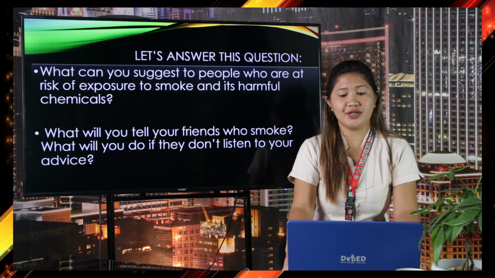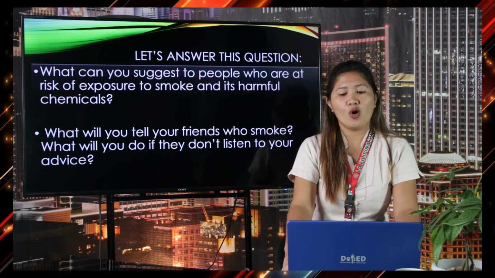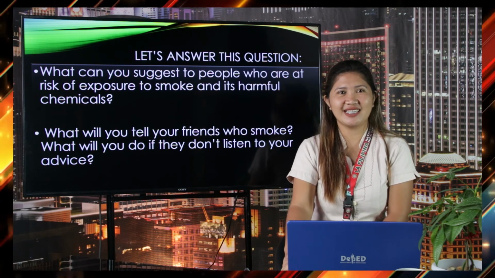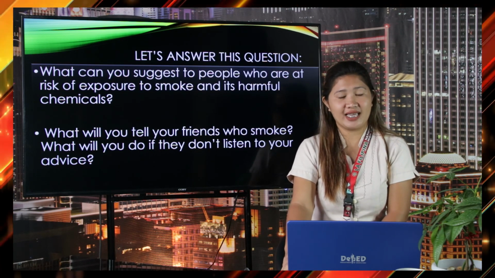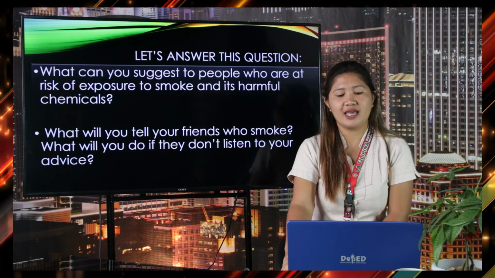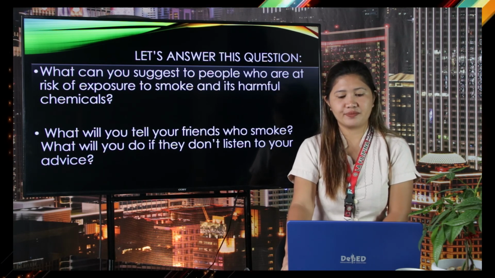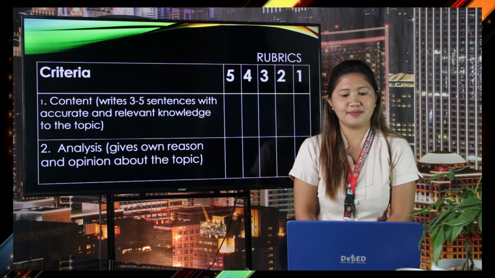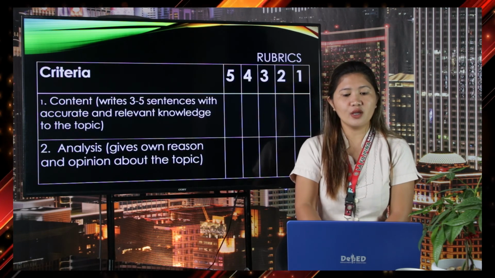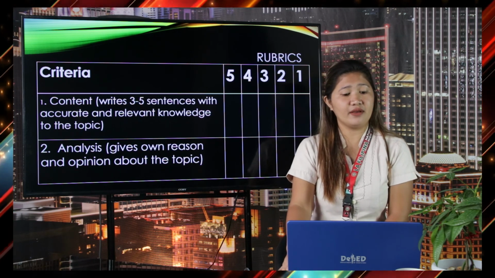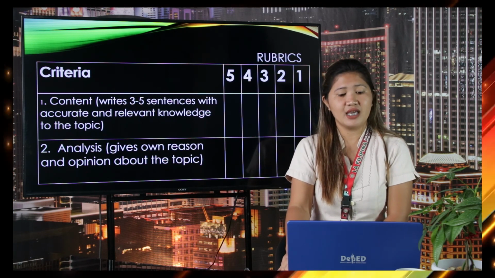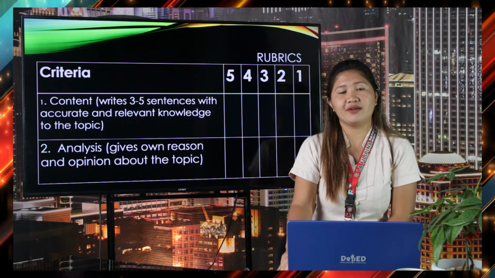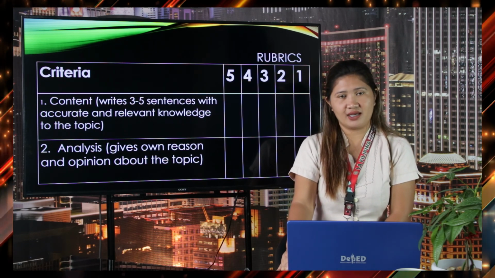Write down your answer on the comments, or you may post on your Facebook status with the hashtag LFNHS TeleRadyo and hashtag danger of smoking. Use the rubric for your guidance. Criteria is number 1, content. Write 3 to 5 sentences with accurate and relevant knowledge to the topic.